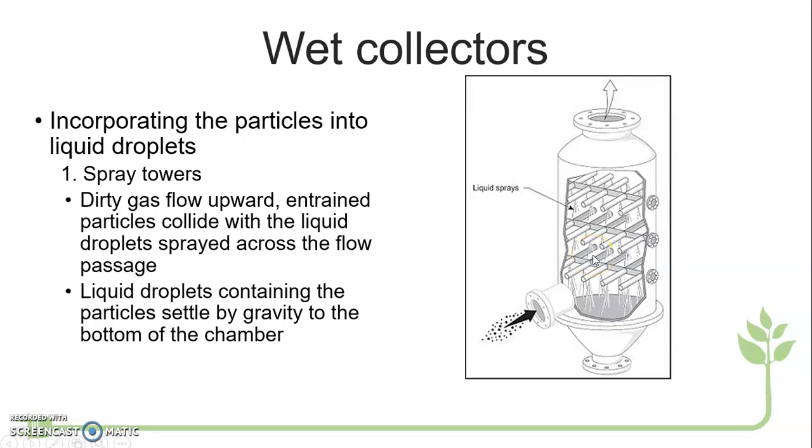The water droplets are sprayed out from the cylinder part, which is why you call it a spray tower. The droplets spray across the flow passage and grab the particles, then fall by gravity to the bottom of the chamber, and the clean air exits through the top part of the tower.